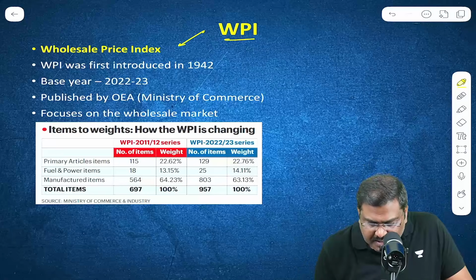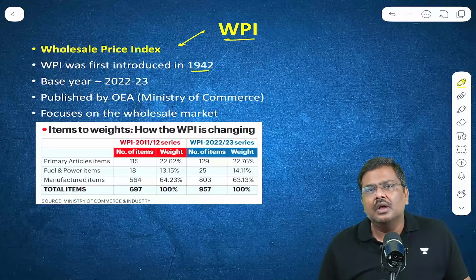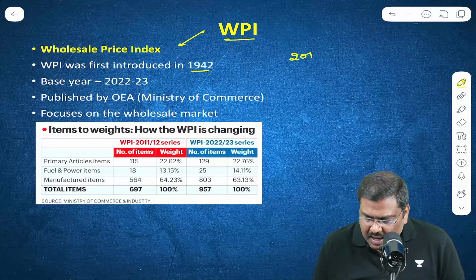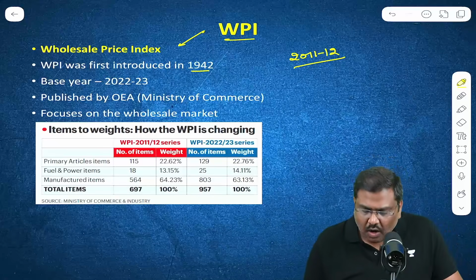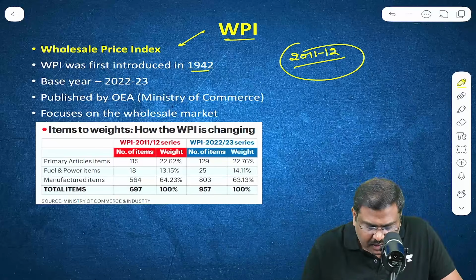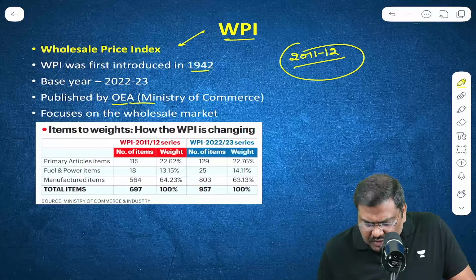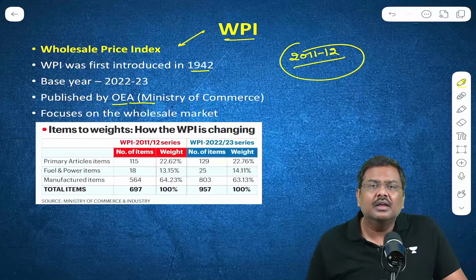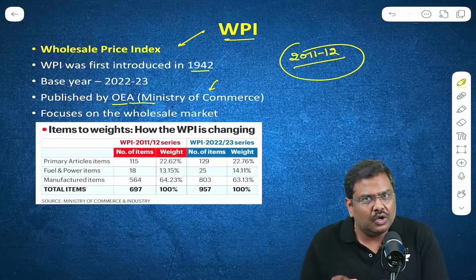So the wholesale price index for the first time was introduced back in the year 1942. Until very recently, the base year for WPI was the same as that of GDP, 2011-12. The Government of India, specifically the Office of Economic Advisor, functions under DPIIT, and the DPIIT in turn functions under the Ministry of Commerce.